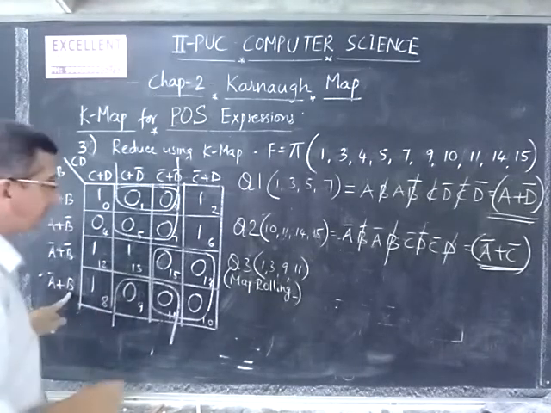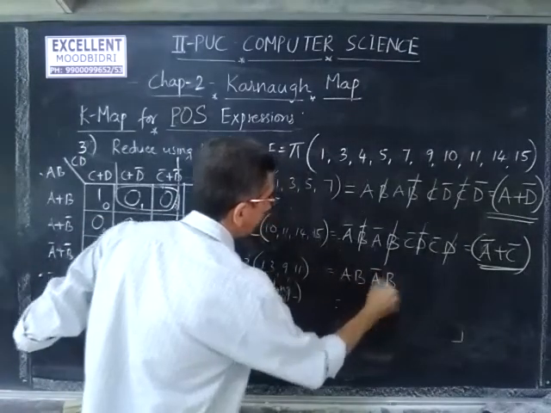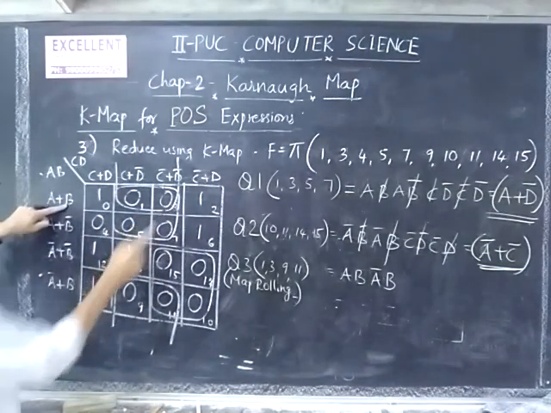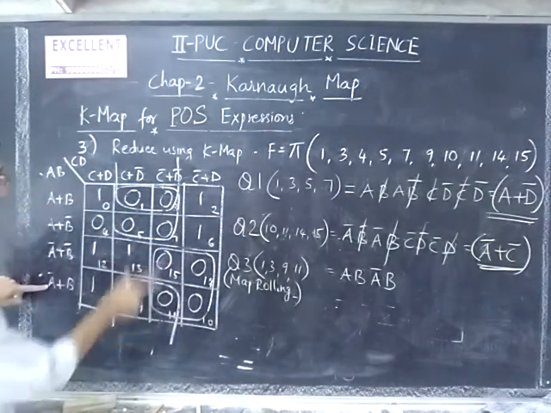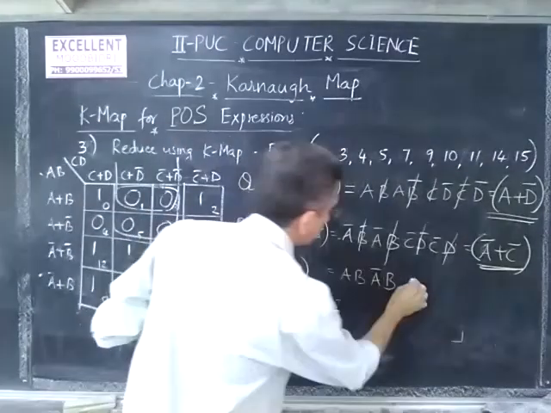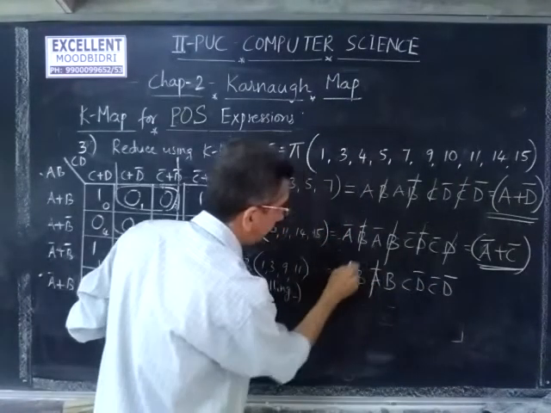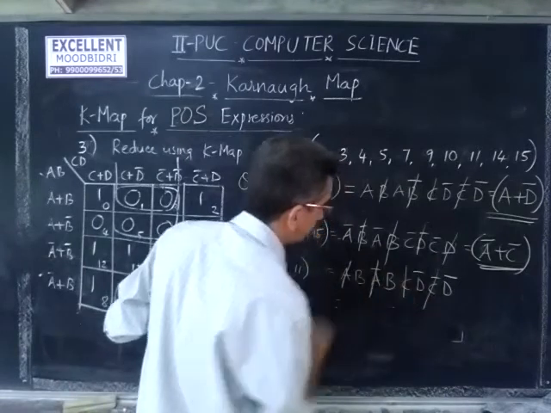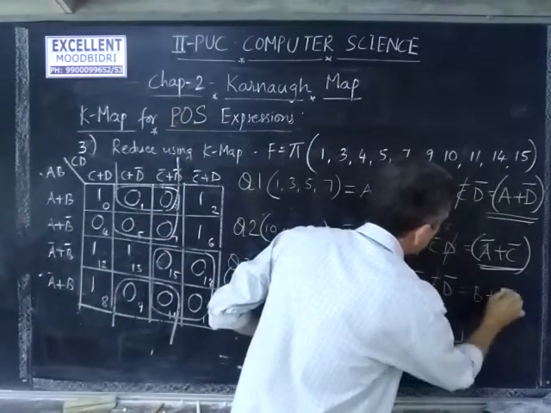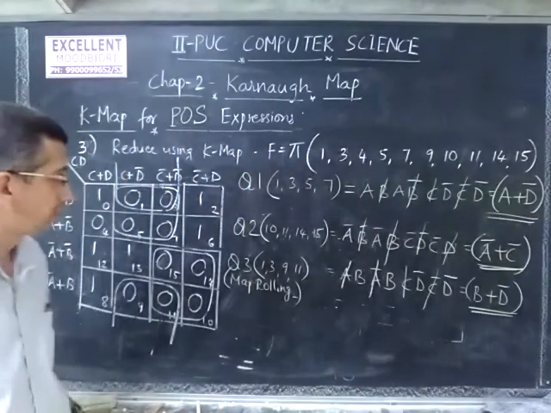A, B, A bar, B. This one. And these two, C, D bar, C bar, D bar. So A bar and A will cancel. C bar and C will cancel. What is left is B and D bar. So it is B plus D bar. That is the term available out of the third quad.